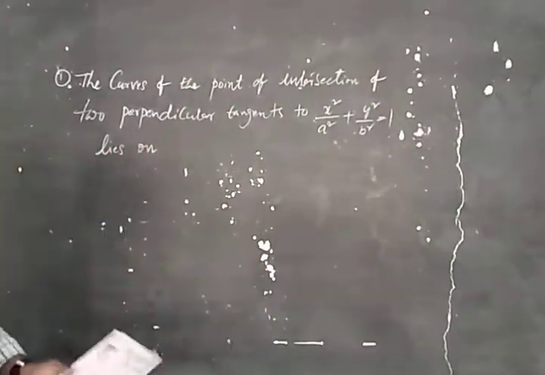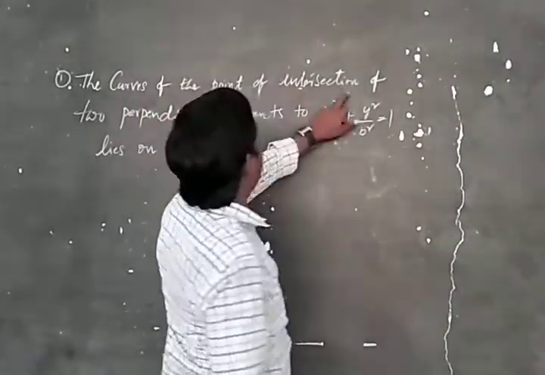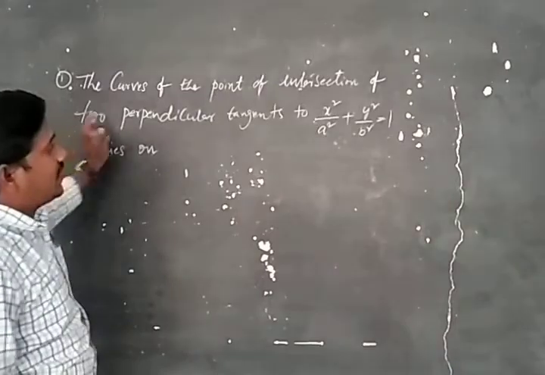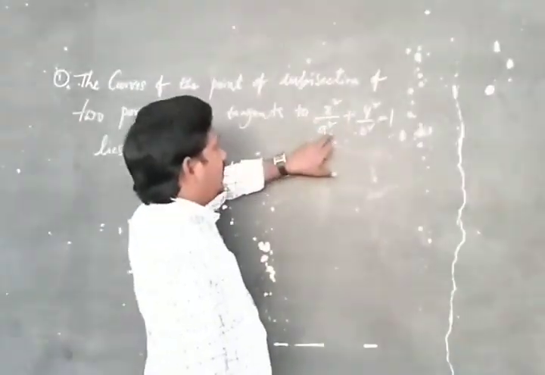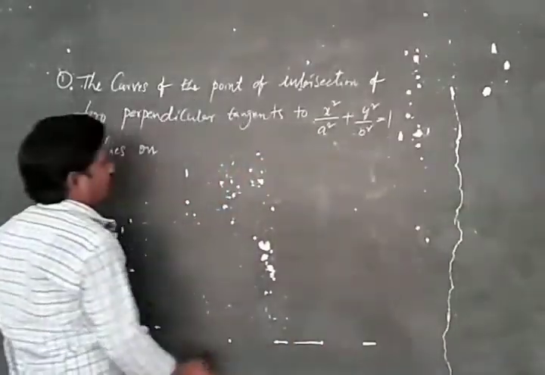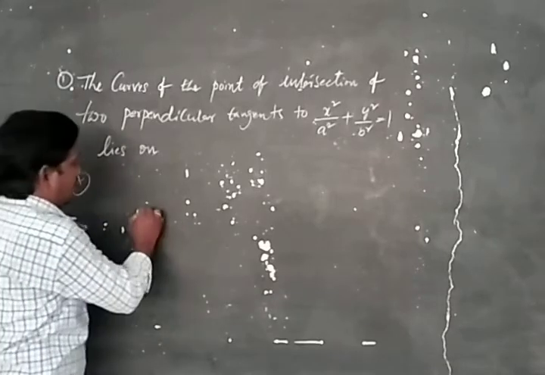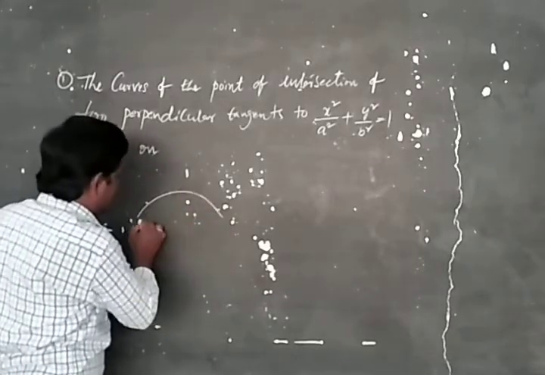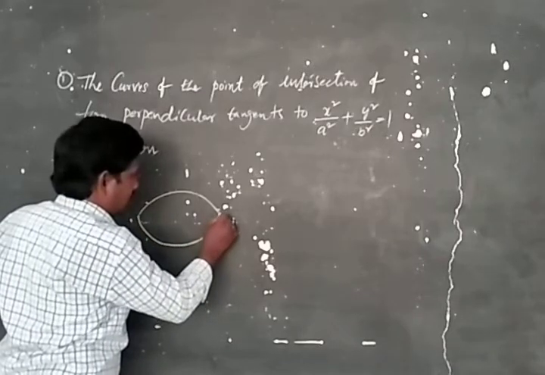Okay, here the curves of the point of intersection of two perpendicular tangents to x square by a square plus y square by b square equal to 1. This is an ellipse. For example, take an ellipse.